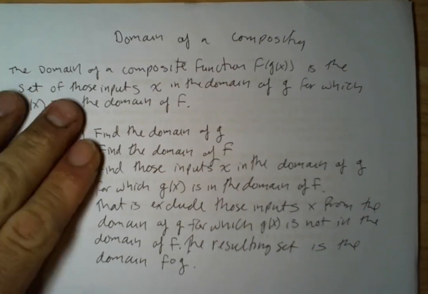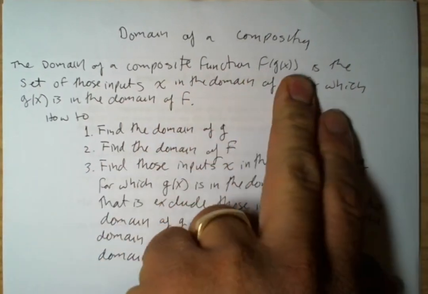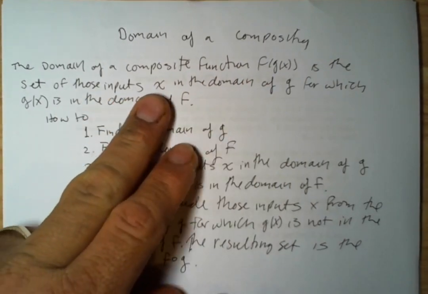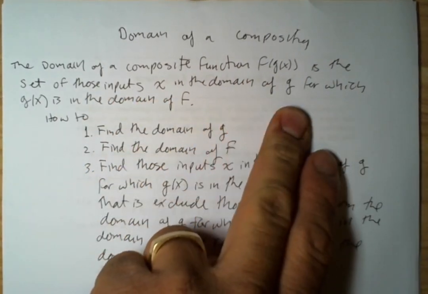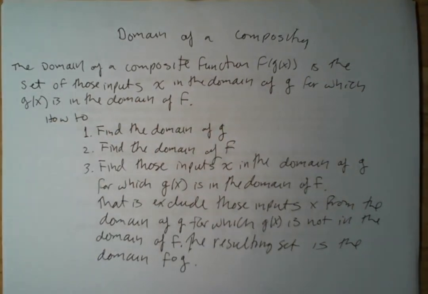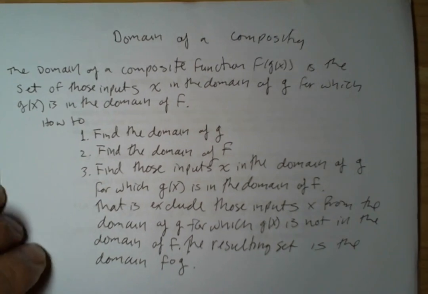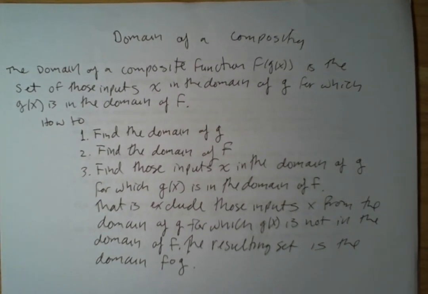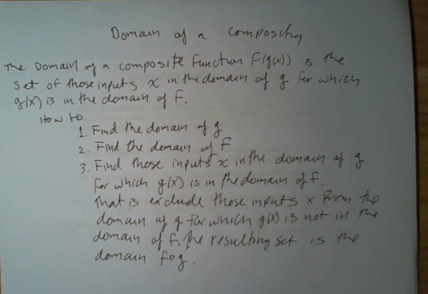Now, the domain of a composite function, f of g of x, is the set of those inputs x in the domain of g for which g of x is in the domain of f. Keep in mind that the input for f is now the output, or in other words, the range of g.